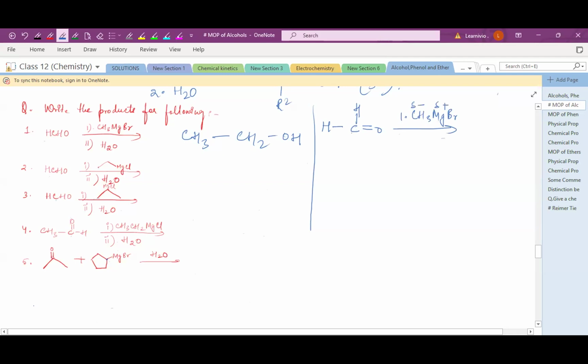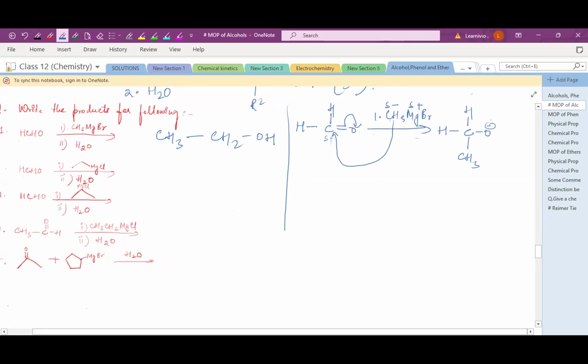Between this carbon and oxygen, this carbon has the partial positive charge. So this methyl group will attach to this carbon, and this bond will shift over here. So you will get H2C with CH3 attached, and the oxygen has a negative charge. So the whole MgBr, which is positively charged, will attach to the negative charge.